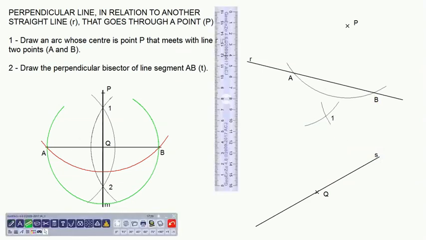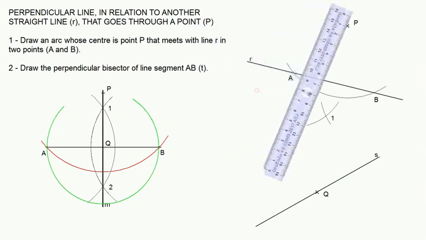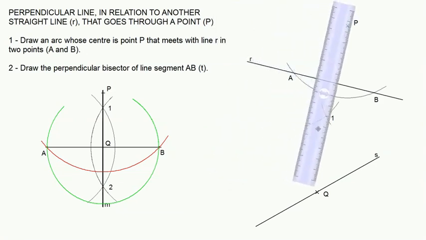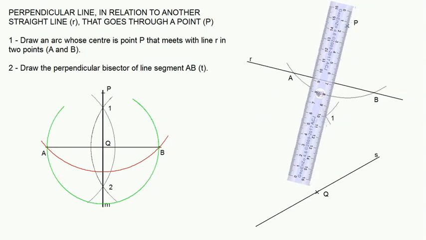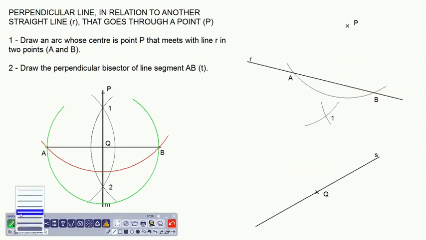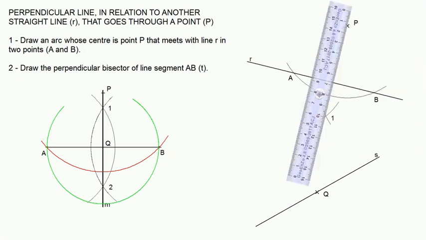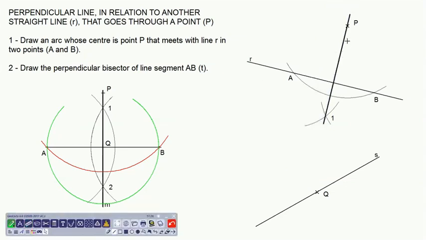If we draw a line that goes at the same time through points P and 1, that will be one of our solutions. Line T.